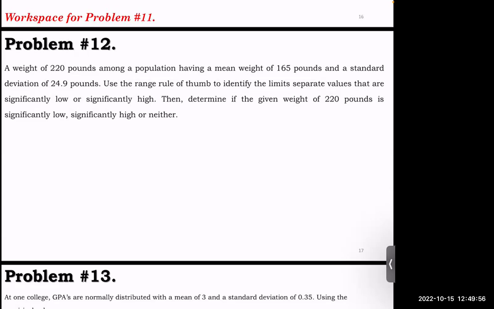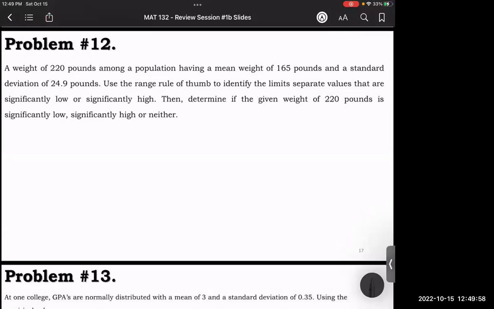So here's just a couple of notation, and then I'll clarify the range rule of thumb. Because we're dealing with the population this time, when we look at the mean and the standard deviation, we use the Greek letters. The Greek letter for the mean looks like a U. It's called mu. So this represents the population's mean.